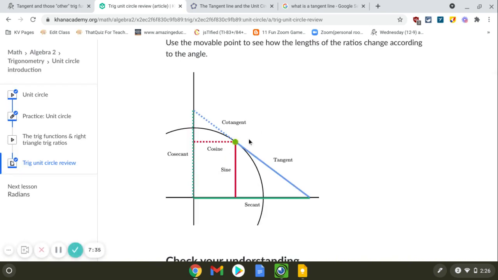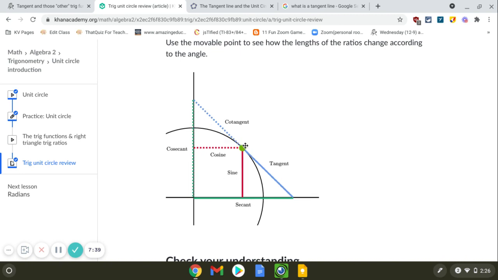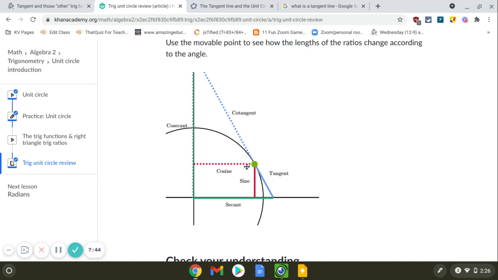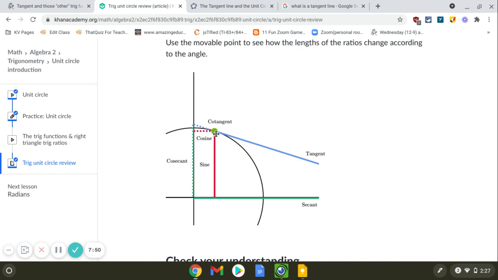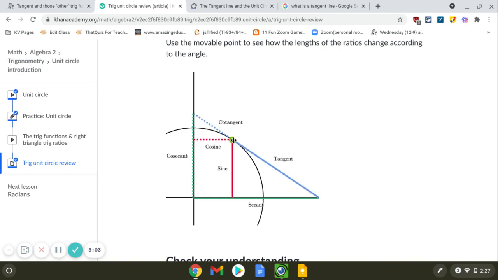The definition for secant and cosecant, it's real similar. It's harder to wrap my head around, but it's really the same idea. As the angle changes, you get some relationships here. So sine is the y value of that point, and cosecant is the reciprocal for sine.